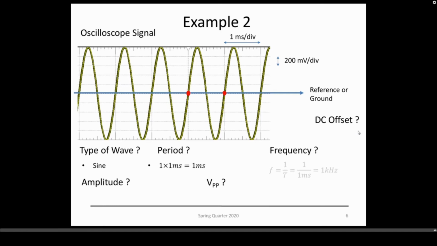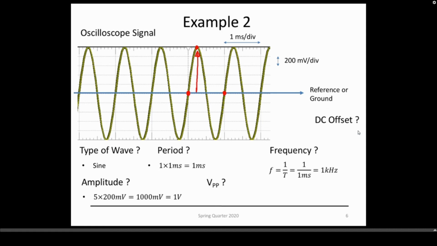The frequency is the inverse of my period. The amplitude is going to be the distance between that reference point to your max. So in this case, I have 1, 2, 3, 4, 5 divisions. So 5 times 200 millivolts.